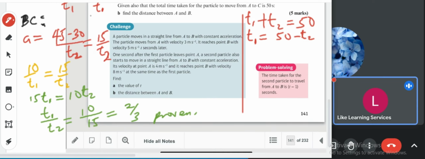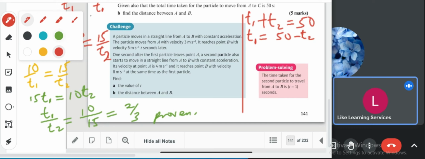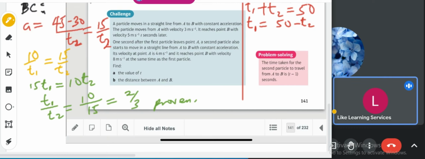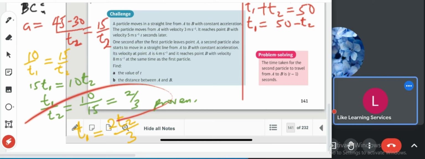And from here, T1 over T2 is 2 over 3. It may not even be necessary, but it's good because you might want to substitute. From here, T1 is equal to 2 T2 over 3.